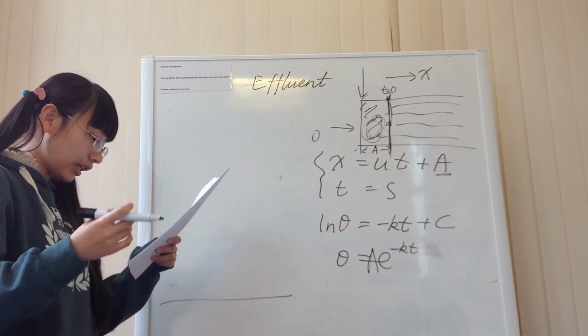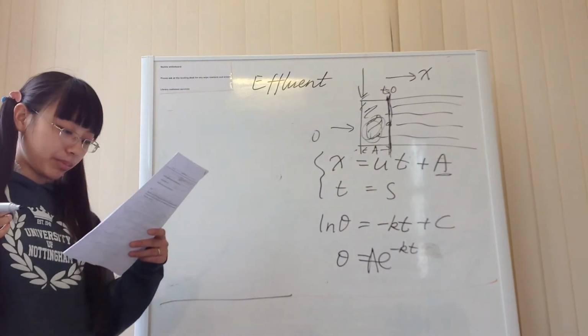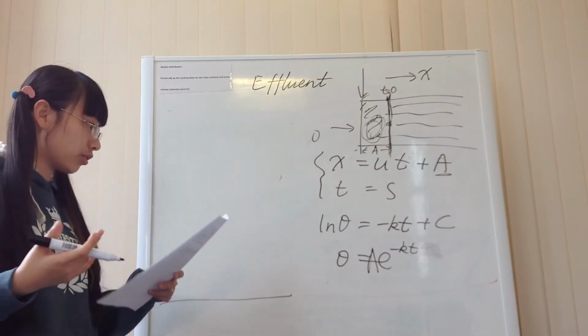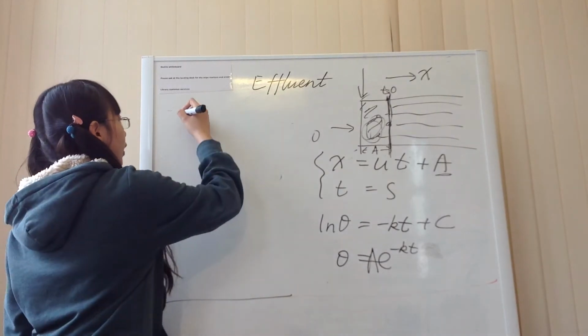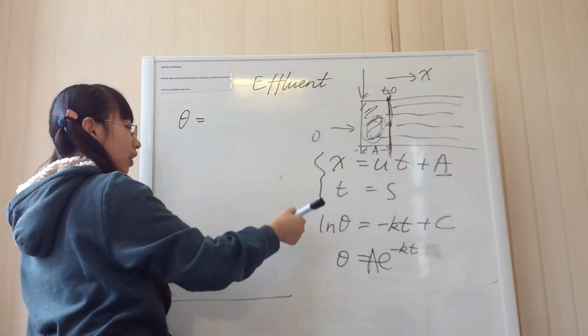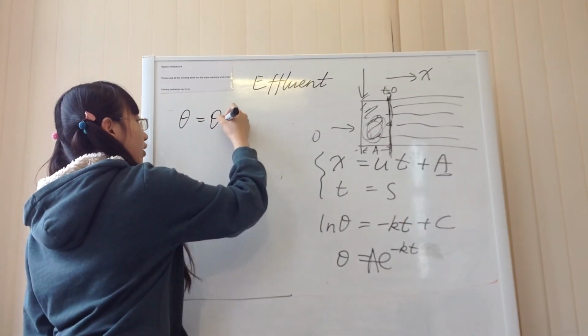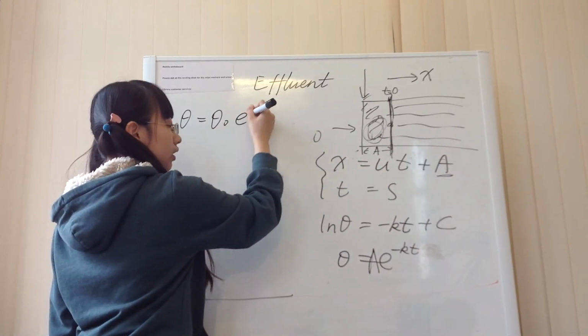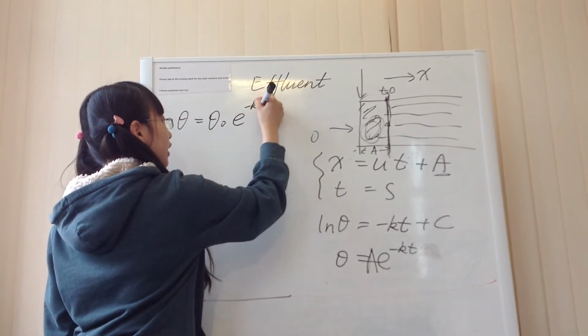And then Budi said the question here is wrong. It's not cool down to the normal stream temperature, because basically what you will get is theta, let's just call theta naught, which is our A at initial conditions, times e to the minus k t.